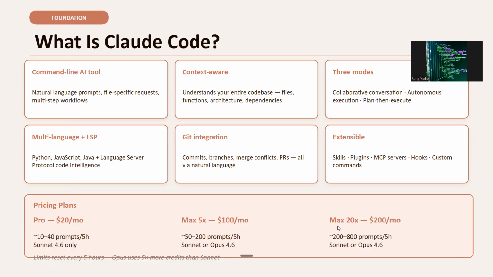Max 20x at $200 per month is for the heavy user doing extensive all-day sessions. The critical fact is that the session resets every 5 hours, and Opus uses 5 times more credit than Sonnet per request. Plan your intensive development accordingly. You can go ahead with multiple hours of intense work daily with Max 5x. Okay.